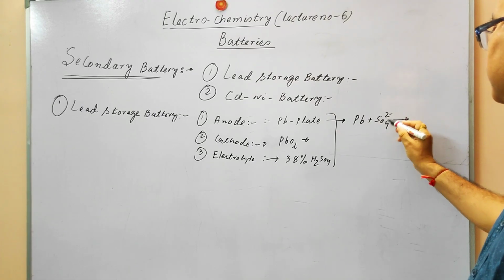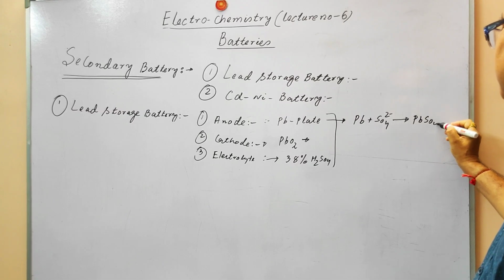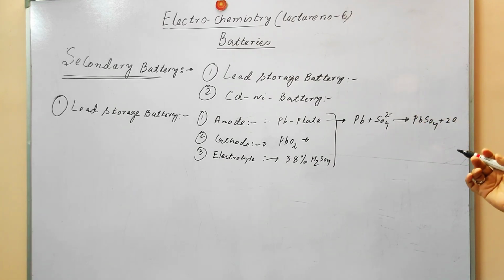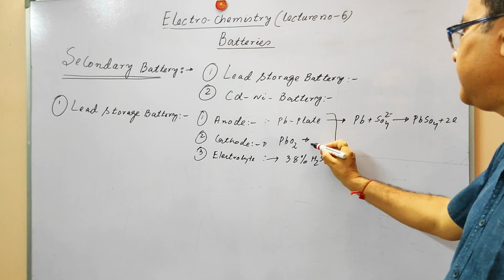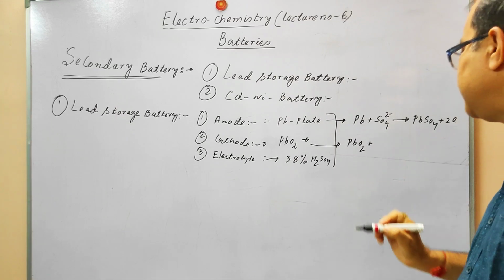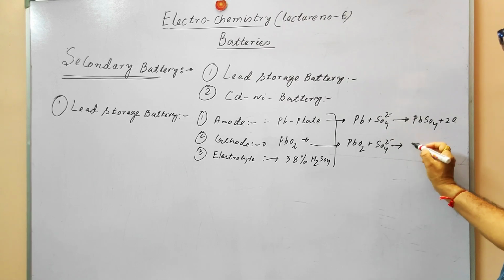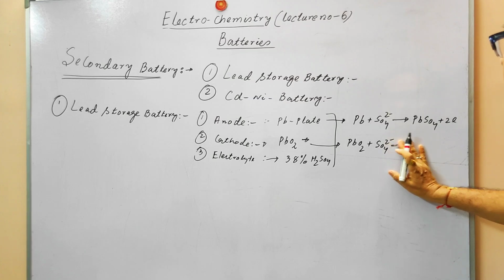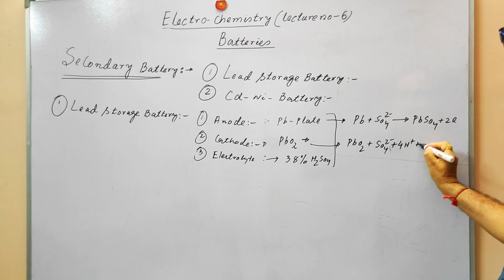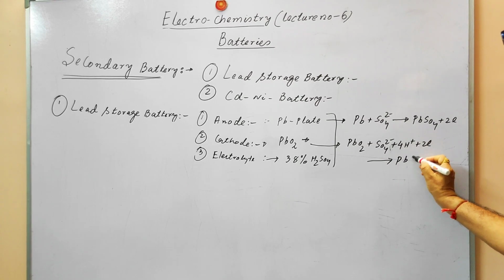It produces PbSO4, and 2 electrons are released. At the cathode, the reaction is PbO2 plus SO4 2 minus plus 4H plus plus 2 electrons, and it again produces PbSO4, and here you have to balance.